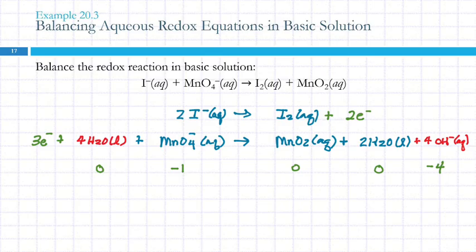Okay? So balance for charge. Now we make the number of electrons equal. So the smallest number we can get that these are both a factor of is 6. So I'm going to multiply the top by 3. I'm going to multiply the bottom by 2.